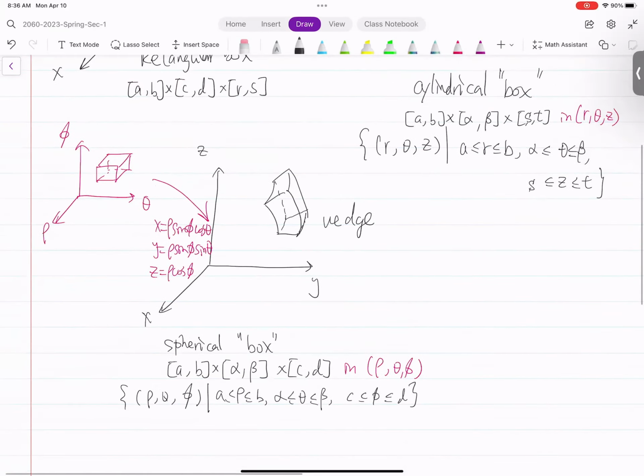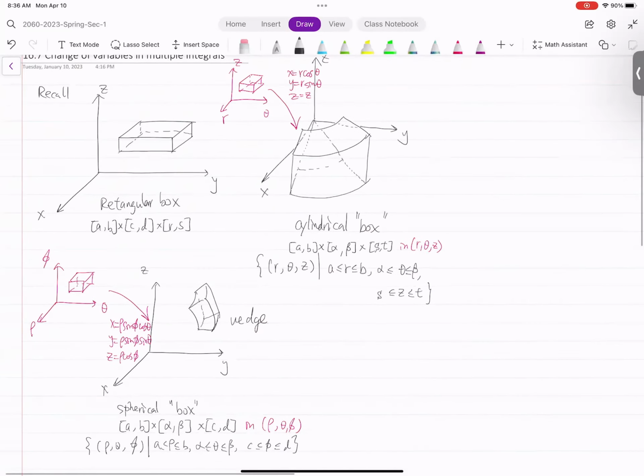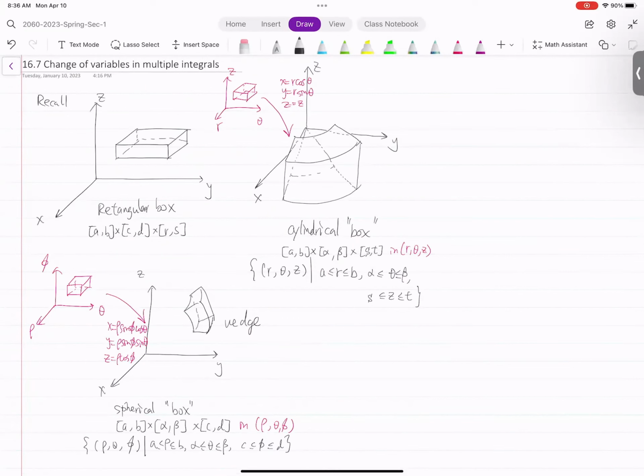Okay, so now, if we look at these two examples, what do we see in common? Of course, we always start with a rectangle in some space. Let's say right here or right here, we have a rectangular box. But then we also have the translation in red. This is translating from r, theta, and z in a certain way into x, y, z.